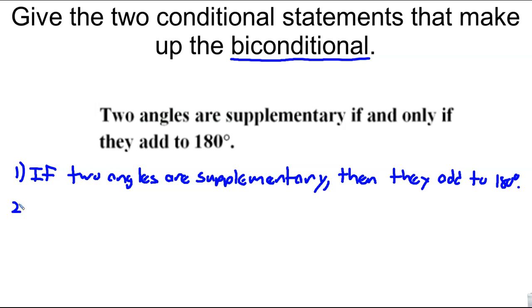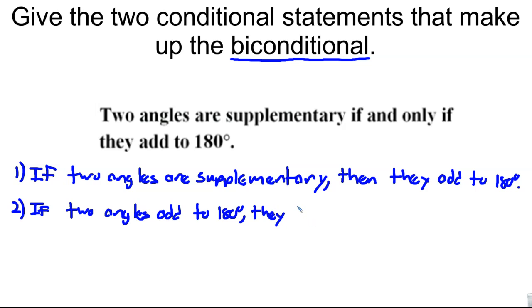So that's one of my conditionals, and then the other one would just be the converse of the original conditional. This biconditional in reverse order, we'd say if two angles add to 180, then they are supplementary.